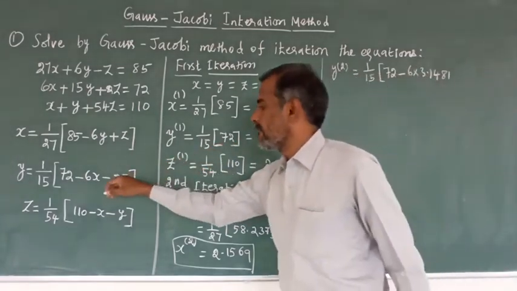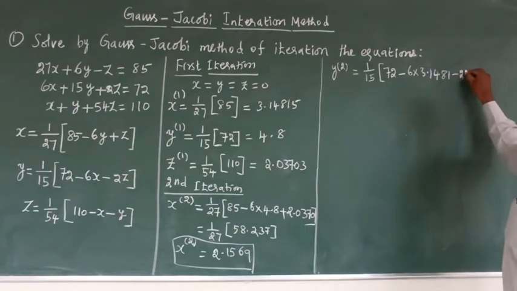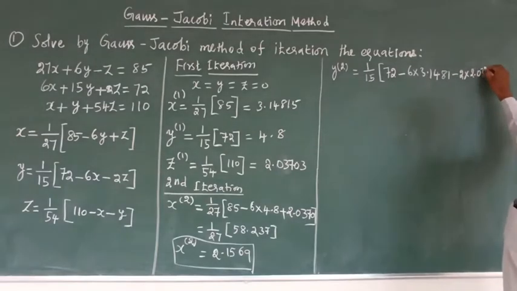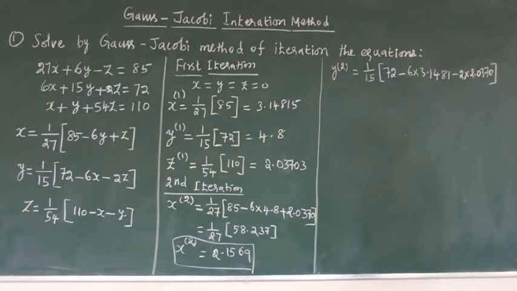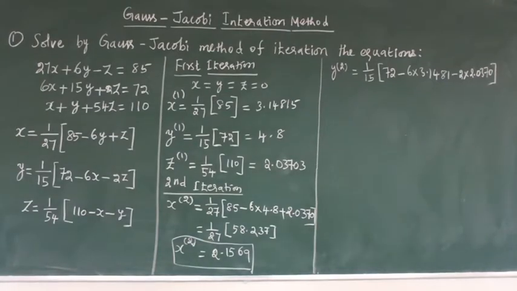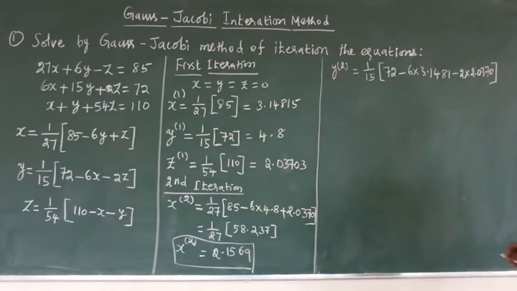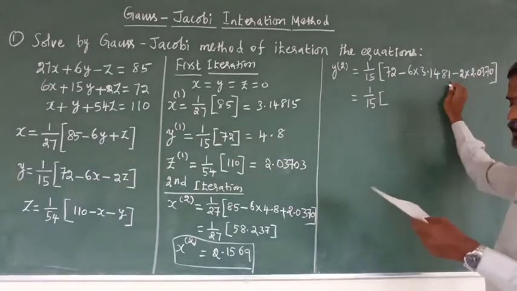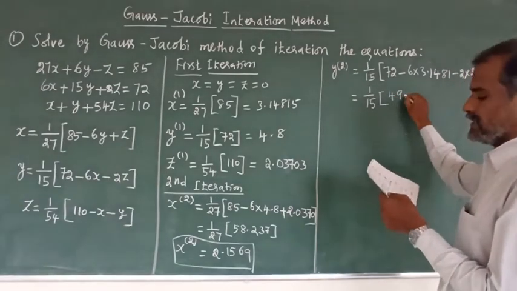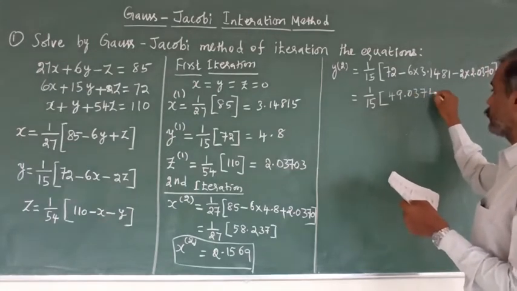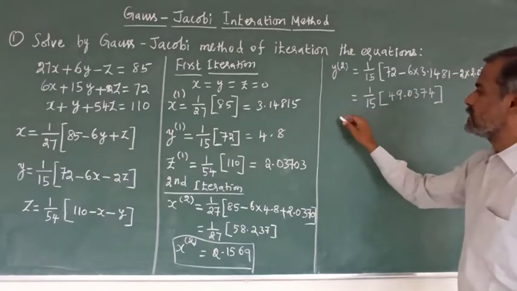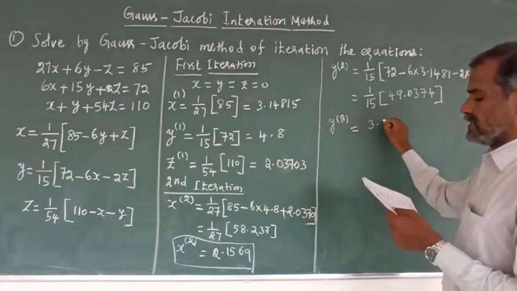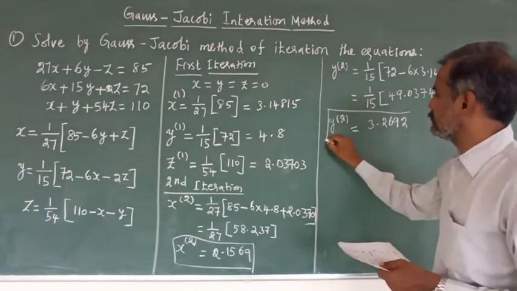Next, minus 2 into z value 2.0370). Now simplify this, and the result is 49.0374. Dividing these, we get y2 = 3.2692. This is the second iteration value of y.